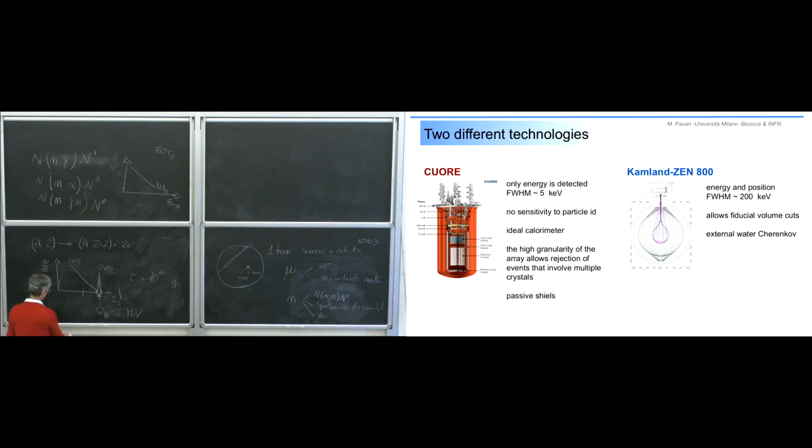And so the response of your detector to a double beta decay is generally Gaussian-like. The response of the detector is a Gaussian. The width of this Gaussian is the energy resolution of this detector by definition, okay?